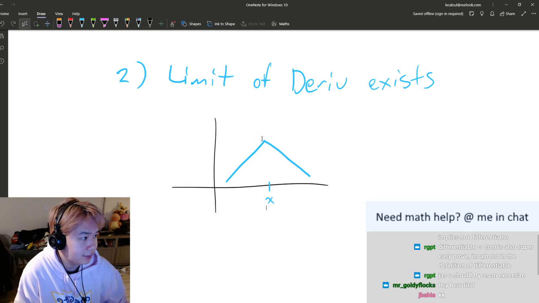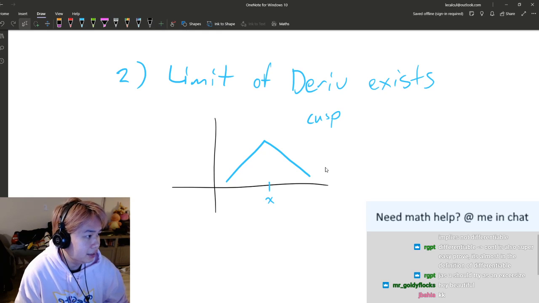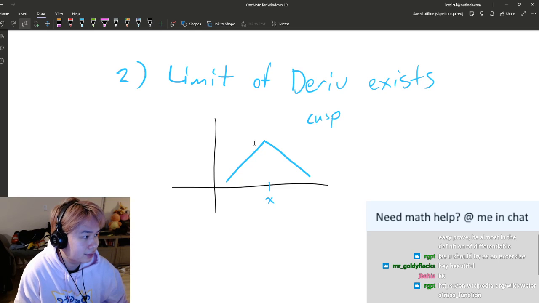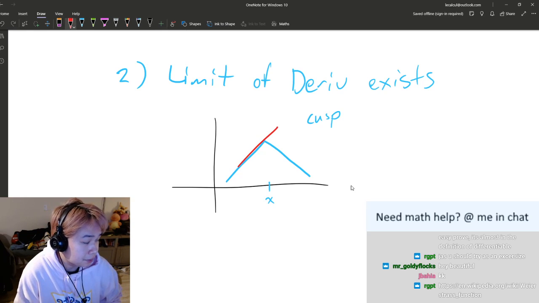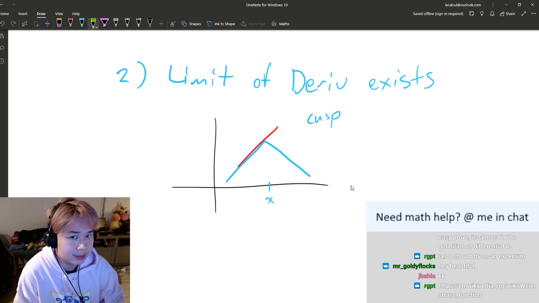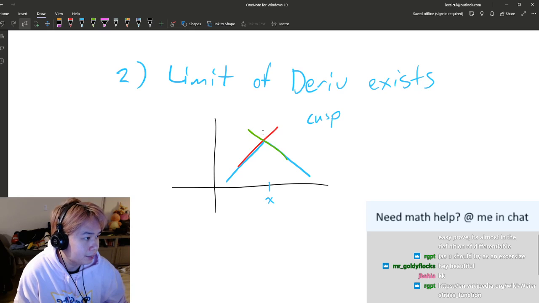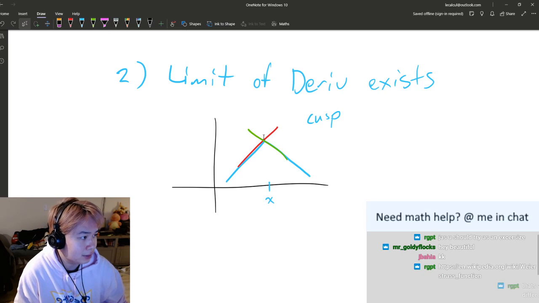So anytime you have a sharp corner, I think it's called a cusp, you're not differentiable here. Remember, limits need to exist from the left side and the right side. If you find the tangent slope from the left side, that's the tangent slope. If you find the tangent slope on the right side, that's the tangent slope. They are completely different values for the slope, so the limit doesn't exist.